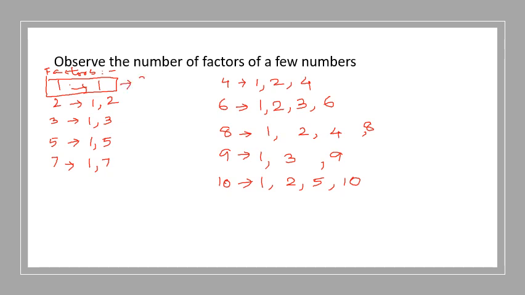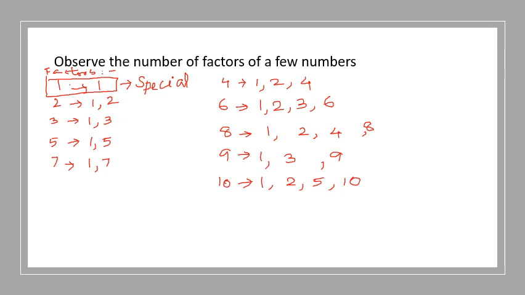So 1 is very special for us because it is very lonely. 1 is standing all alone, or we can say he's perfect. 1 doesn't need any support or anything. 1 is 1 only. So it is very special.